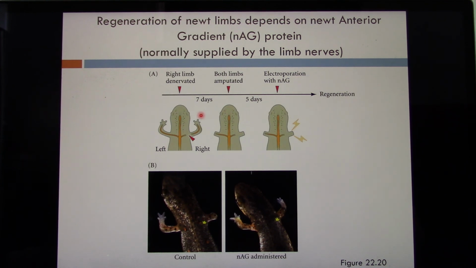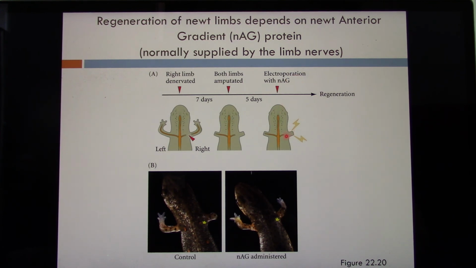So that was 7 days that both were amputated, and then 5 days later, they put in this secret ingredient, this paracrine factor called NAG, or newt anterior gradient protein. How did they get those in the cells? Well, they had to use a little electric shock to do that, and that process is called electroporation.